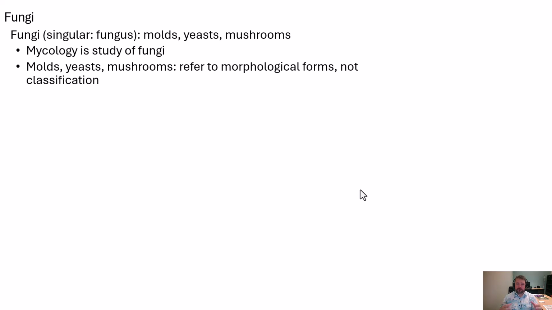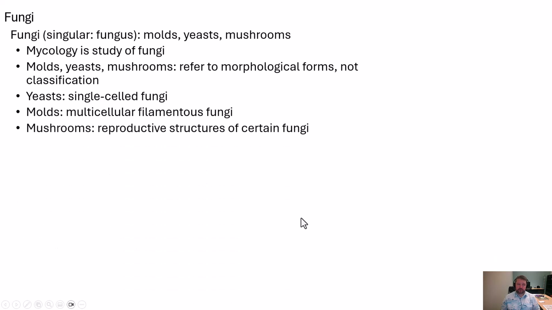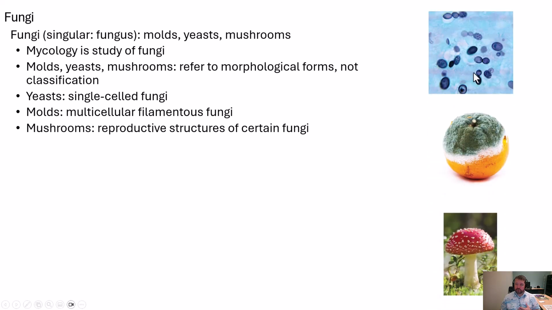So keep that in mind, and we'll talk about what it means to be considered a mold or a yeast or a mushroom. Again, that just refers to the morphological form, not how we classify them. Yeasts are a single-celled form, and so if it's in a single-celled form or a spore-like structure, we'd sometimes call it a yeast, but not all spores are considered yeast, because some spores, when they germinate, form a mold.